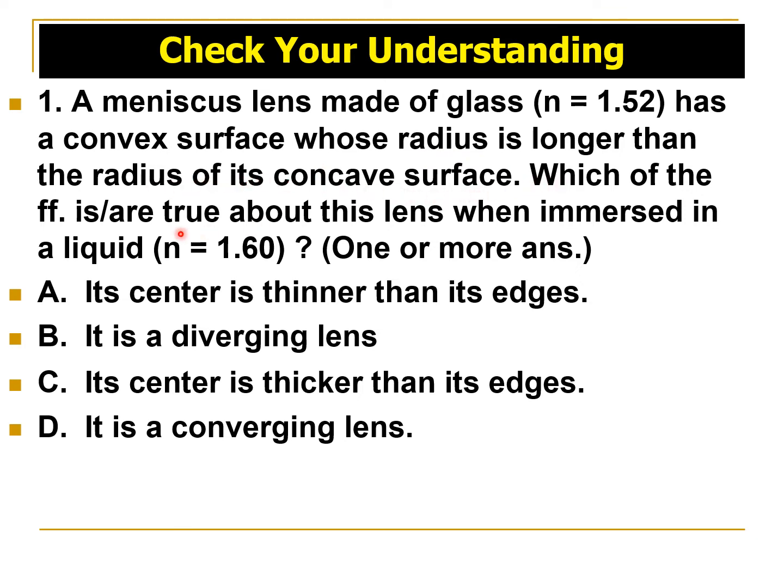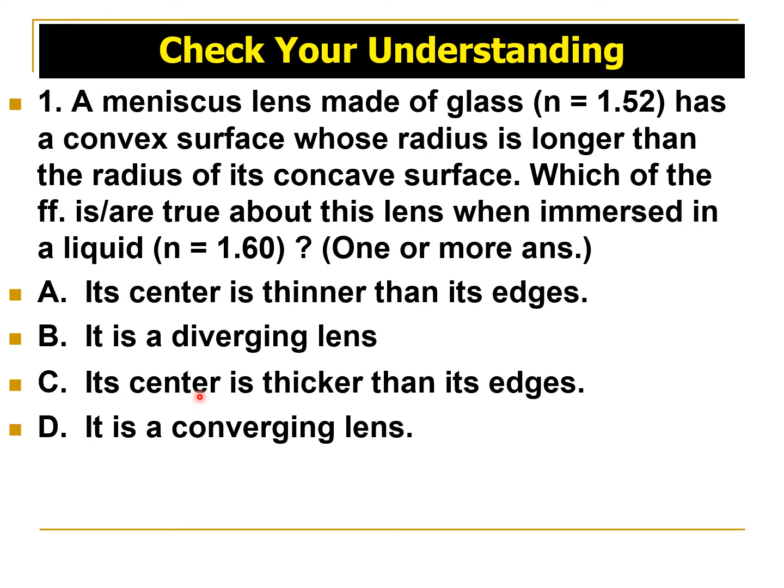Which of the following is or are true about this lens when it is immersed in a liquid whose index of refraction is 1.60? We are looking for one or more answers. Letter A. Its center is thinner than its edges. Letter B. It is a diverging lens. Letter C.